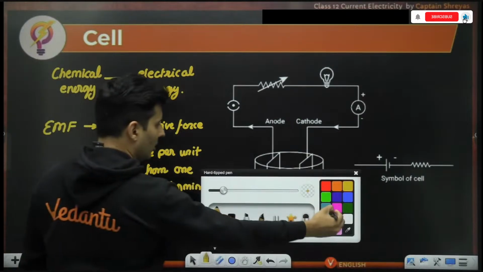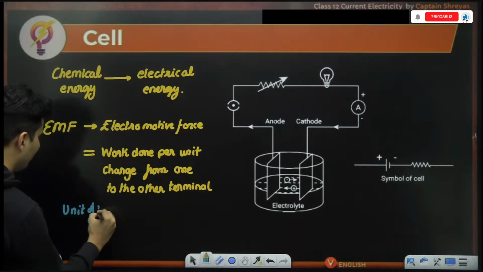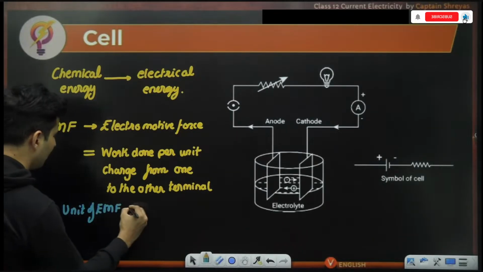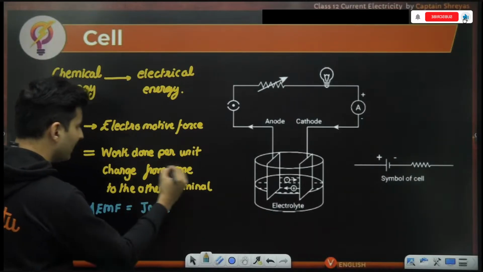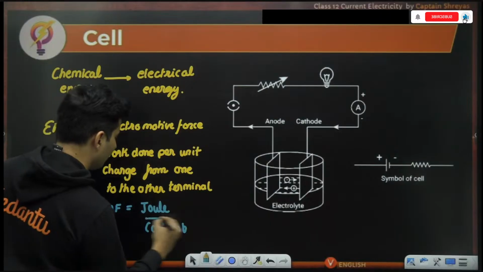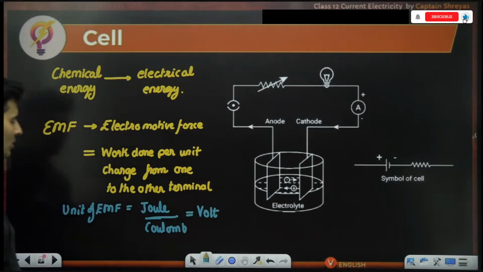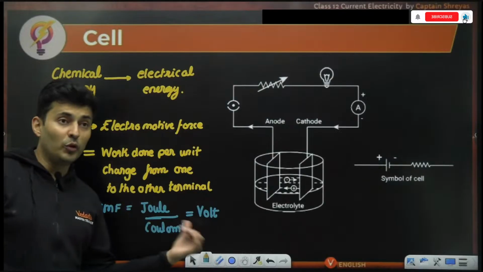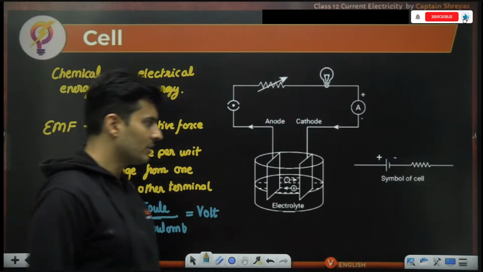And that is also the reason why the unit of EMF is work done per unit charge, which is joule per coulomb, which we also call the volt. So force might be misleading. It's not newtons, it is volts.